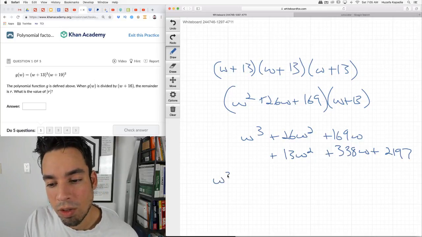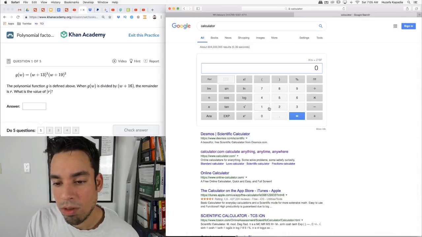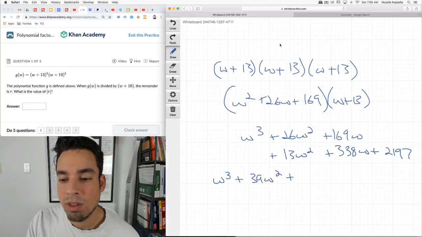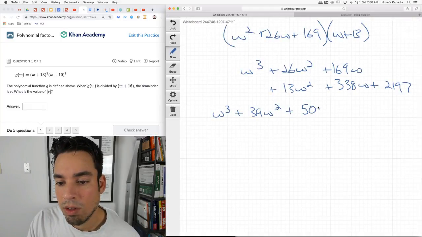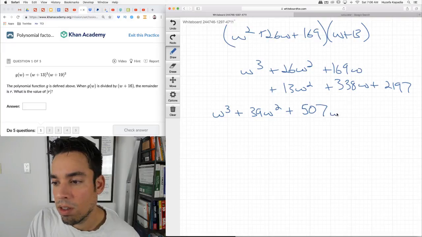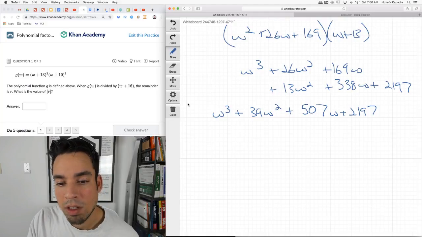So that's w cubed plus 39w squared plus 507w plus 2197. And then this times w plus 19 squared.